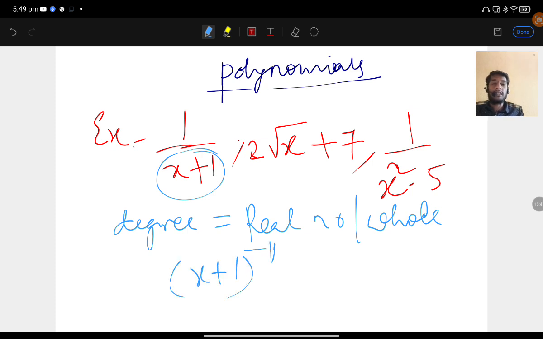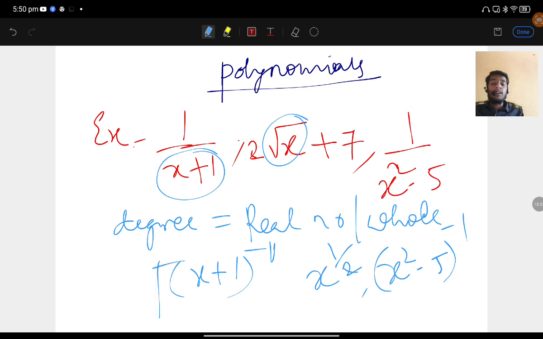Here root x means we can write it as x to the power 1 by 2. Here also it is x square minus 5 whole to the power minus 1. So these all are not any of the following types.